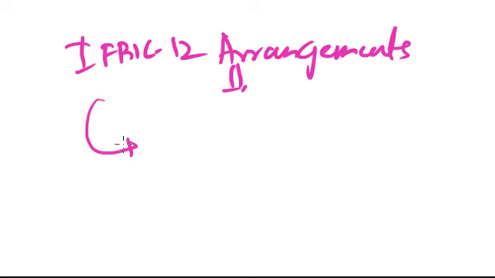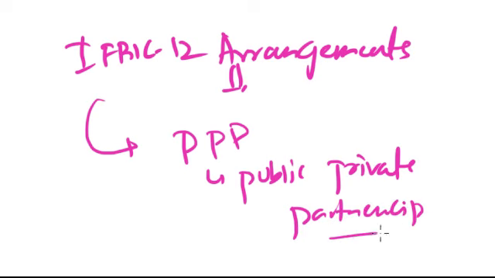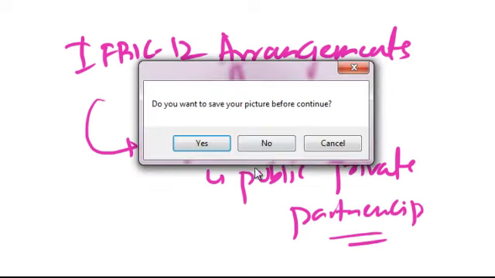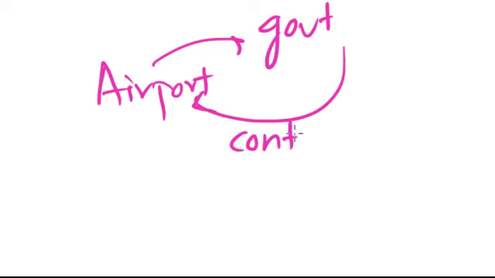Think about a PPP, a public-private partnership. The best example is, I want to build an airport. What the government will do is raise a tender and give the contract to build the airport to, for example, XYZ Limited.